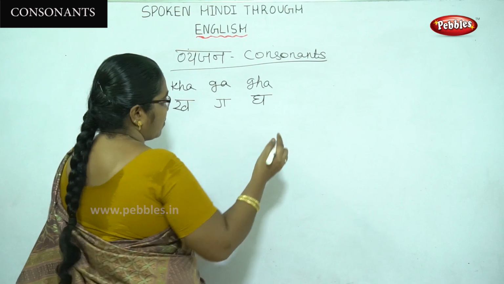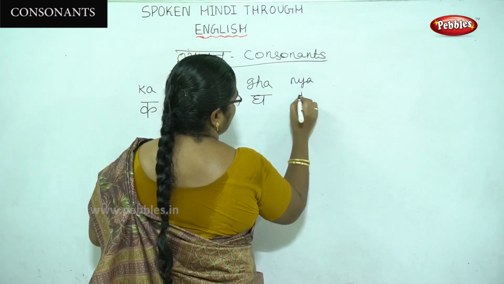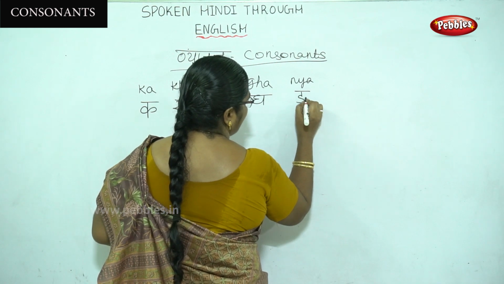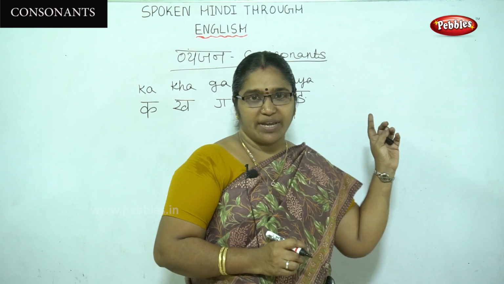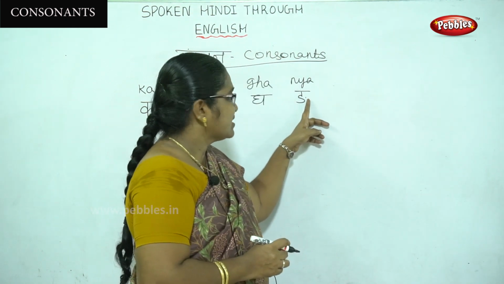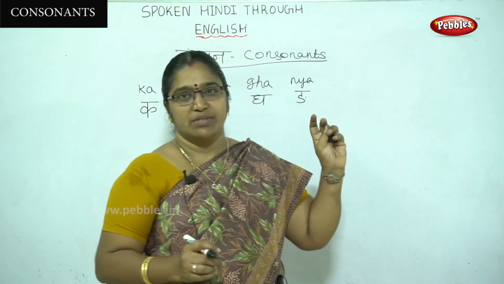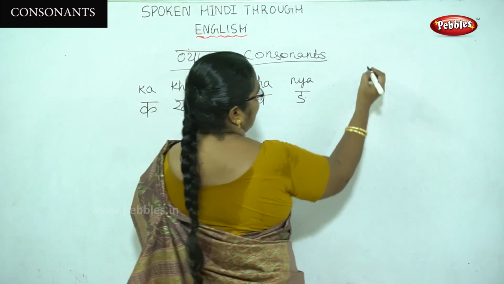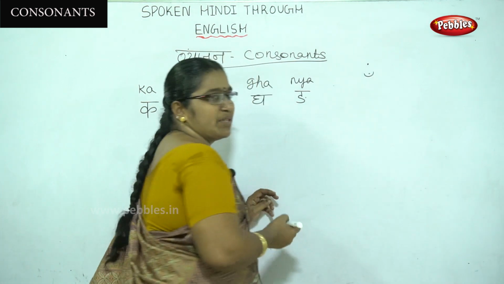The next one is nya. For this, simply put an s and put a dot. Here we call it bindu. In Hindi we have two types: this is called bindu, and this one is called chandra bindu.